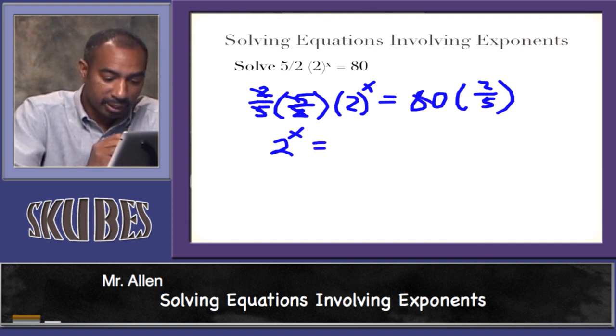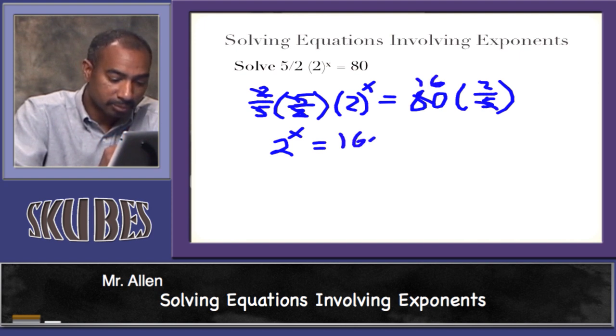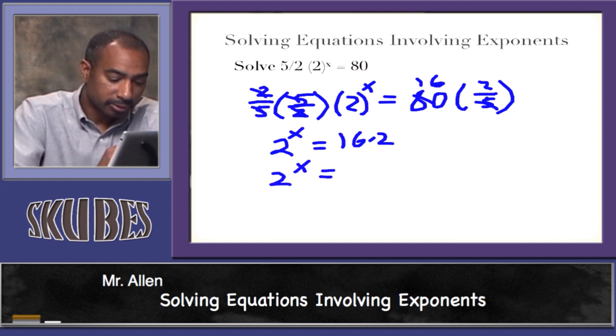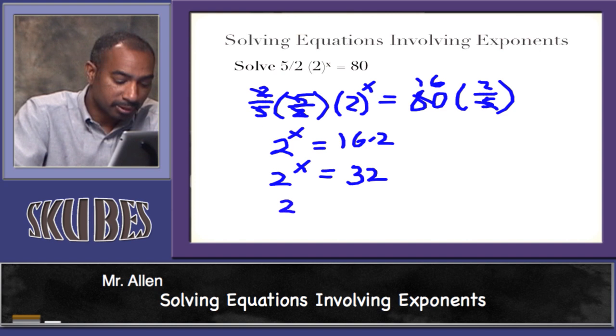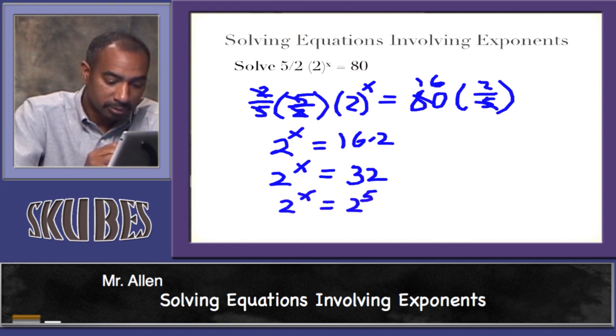And 5 divides into 80 16 times, so I'm left with 16 times 2. So I have 2 to the x equals 32. And like I did in the first problem, I can break that down as 2 to the x equals 2 to the 5th. So we know that x has to equal 5.